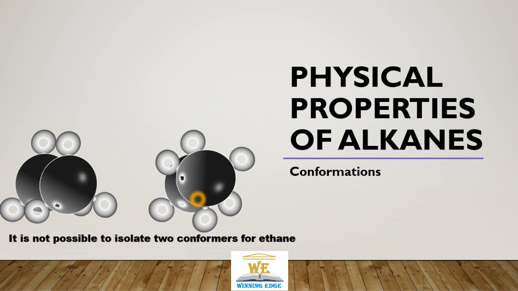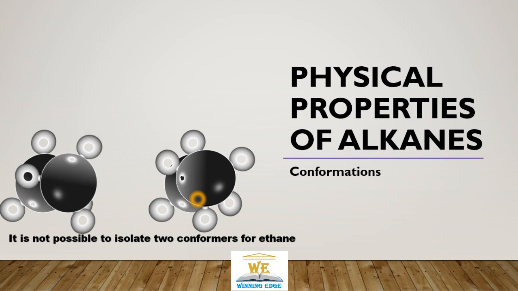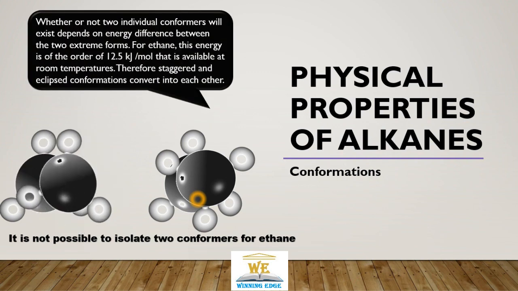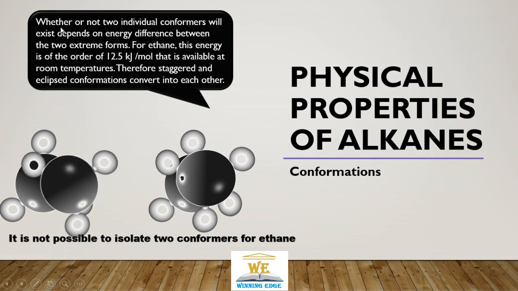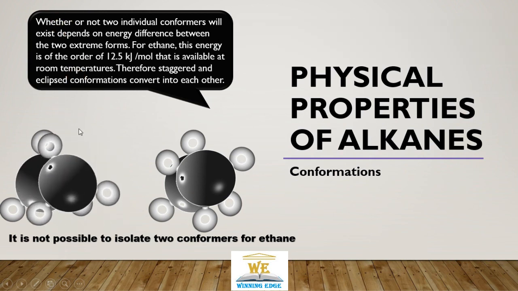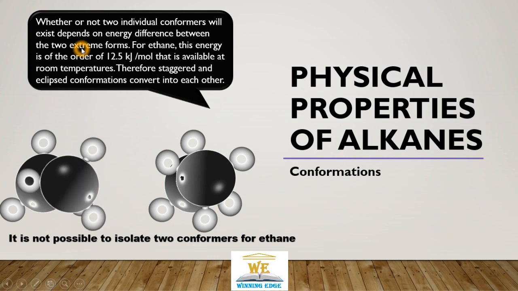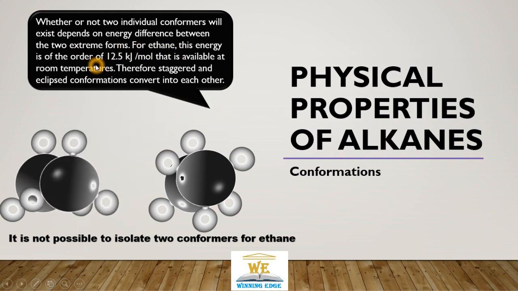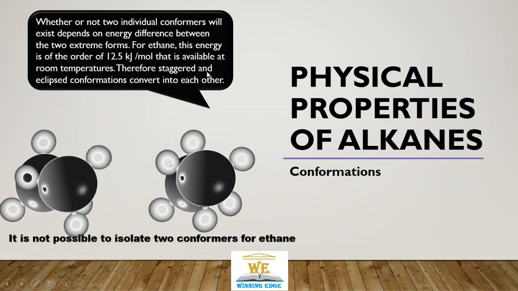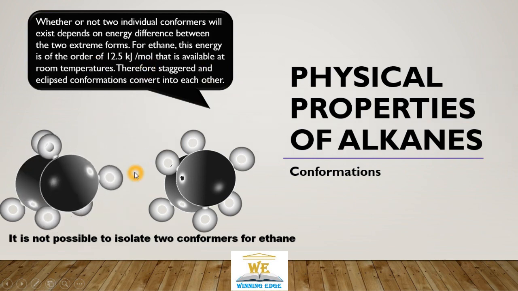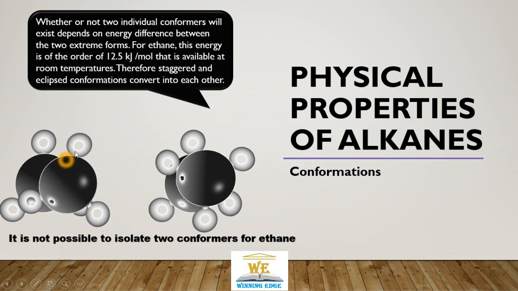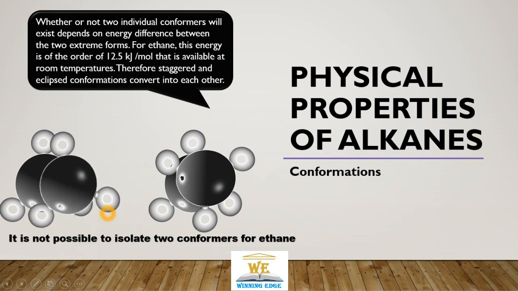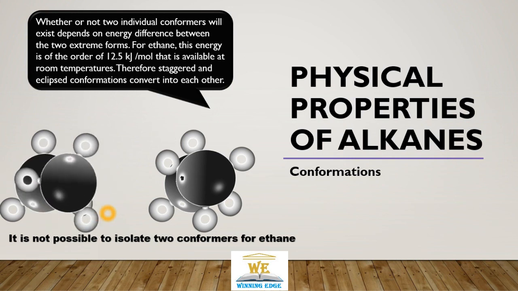The reason is that the energy difference between the two conformational states is so low that even at room temperature, energy is available for the seamless conversion of the staggered state into the eclipsed state and from eclipsed to staggered state. So it's not possible to isolate these two conformers at room temperature, but definitely we can isolate them by cooling them to very low energy states.